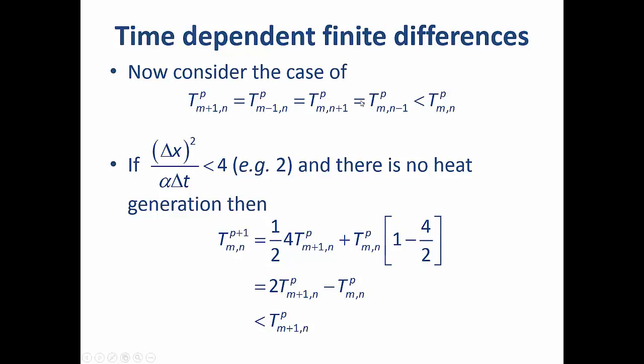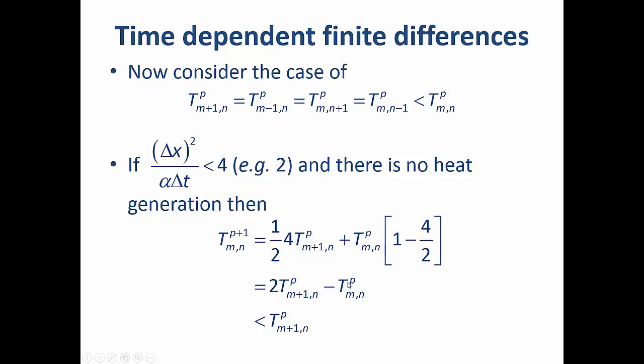Remember, these nodes all have the same temperature, so I can simply write down the sum of them as being 4 times the temperature of any one of them, plus the temperature of node mn at time p times 1 minus 4 over 2. Putting that together, I get that the temperature of node Tmn at time p plus 1 equals 2 times the temperature of one of the adjacent nodes at time p minus the temperature of the node mn at time p.